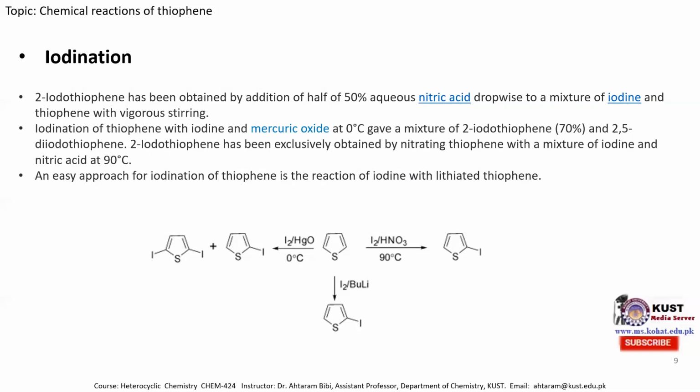However, the efficient way to iodinate the thiophene molecule is to use the lithiated thiophene. And this can happen when the thiophene is treated with iodine in the presence of butyl lithium to obtain the 2-iodothiophene molecule.